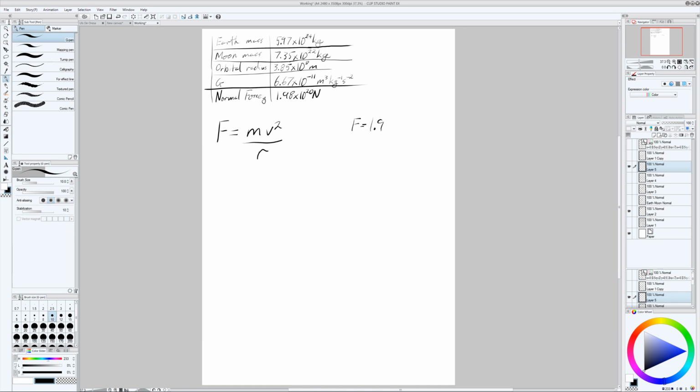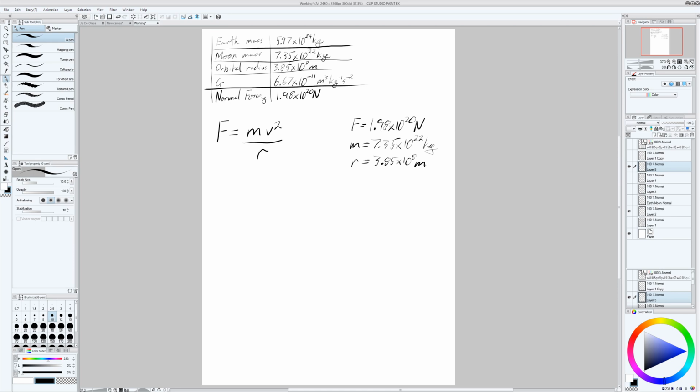The gravitational force is 1.98 times 10 to the 20 newtons. Then we have the mass, 7.35 times 10 to the 22 kilograms, and the radius, 3.855 times 10 to the 8 meters. And we're wanting to figure out the velocity.